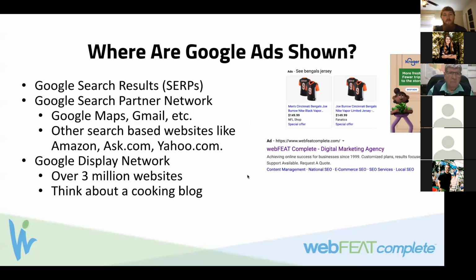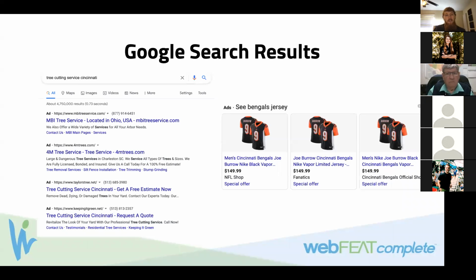So the next thing you might be wondering is, where are Google Ads shown, and where can you show your ads as an advertiser? So there's, generally speaking, 3 main categories, and we're just going to go ahead and jump into those. So the first is the Google search results, obviously, and this is probably what you're most familiar with.